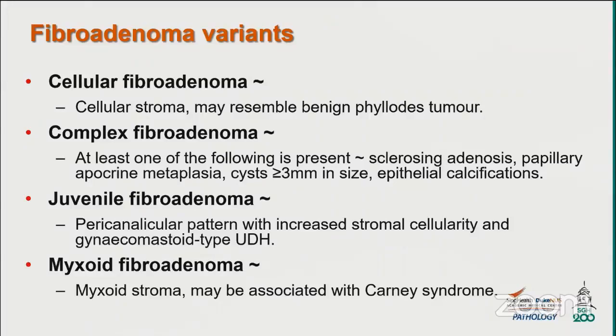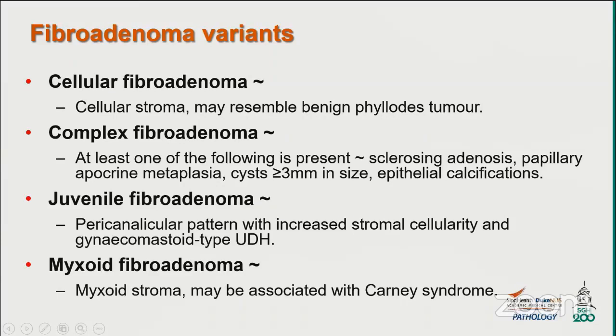Fibroadenoma variants include the cellular form, which shows a cellular stroma and may resemble the benign phyllodes tumor, and the complex fibroadenoma, in which at least one of the following features is present: sclerosing adenosis, papillary apocrine metaplasia, cysts 3 mm or larger in size, epithelial calcifications.